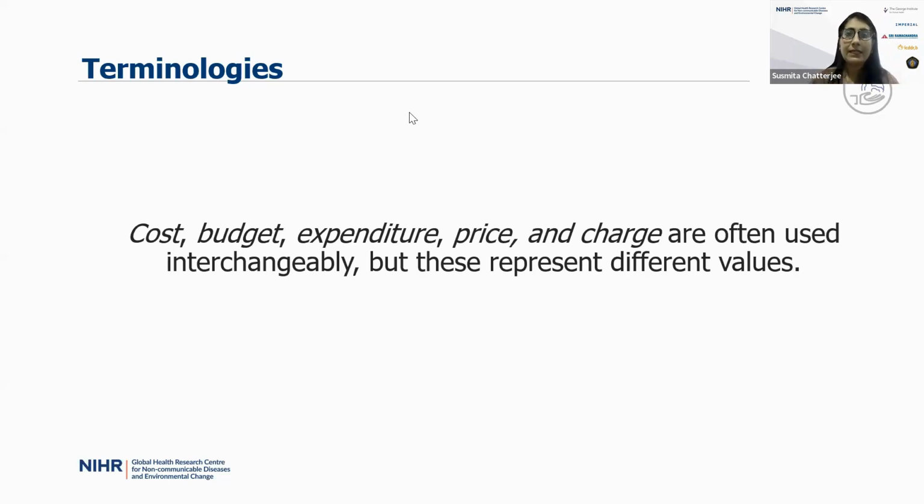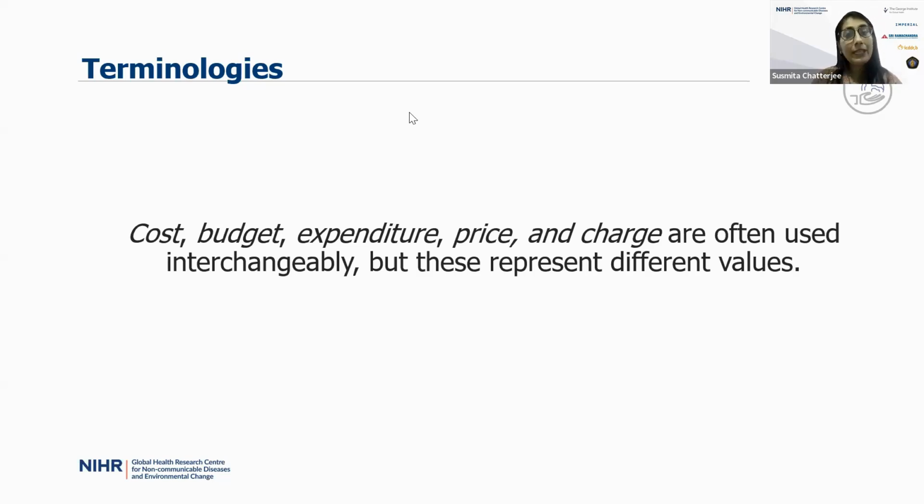But they somehow come up with an estimate of how much it will be for doing an X-ray. And then they add the profit margin. That becomes a charge, which is 150 rupees, charged from the patient. That's not the cost.